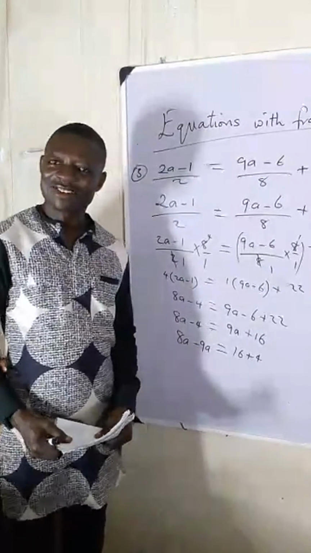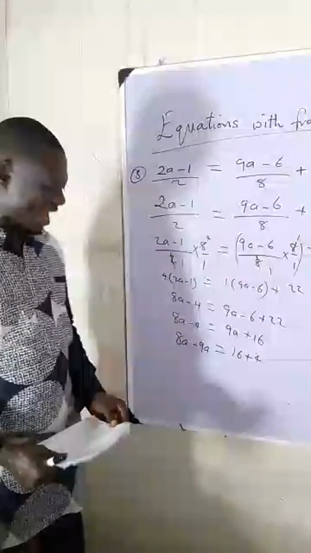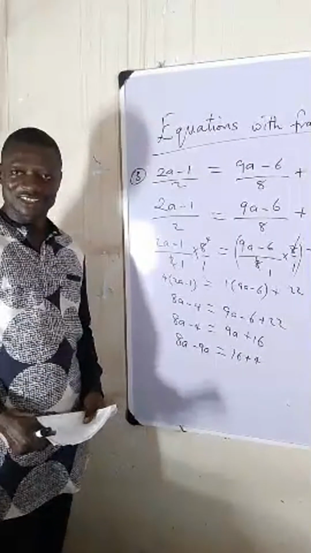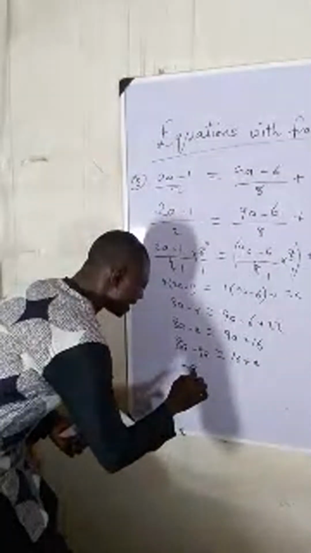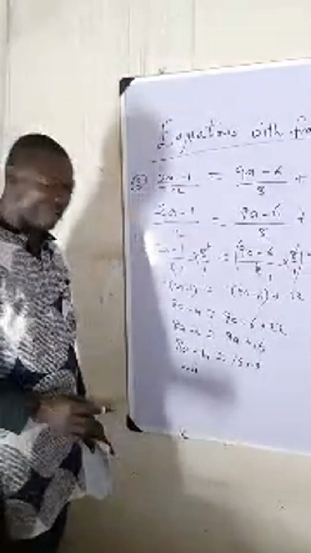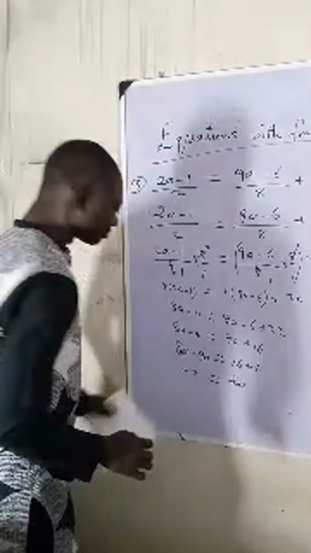Minus a. You cannot remove 9 from 8 without going to borrow something. Of course, yes, you borrow 1. The 1 you are going to borrow is what mathematically is described as negative. Minus a is now equal to 20.